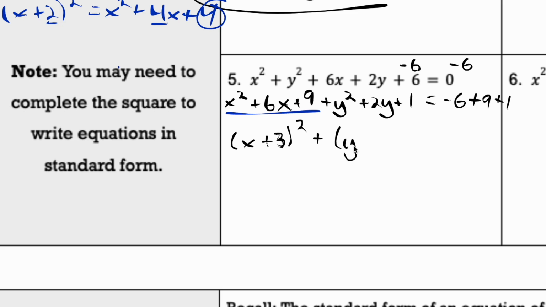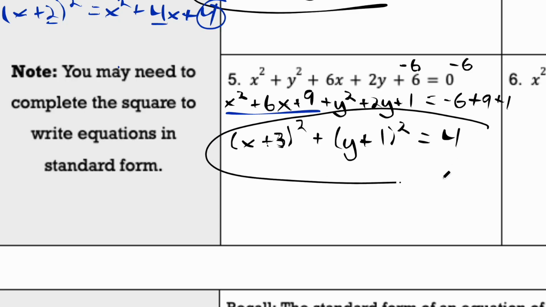Our b value is 2, so 2 over 2 is 1, y plus 1 squared. And that's going to be equal to negative 6 plus 10, essentially, where we get positive 4. And this is going to be our standard form.